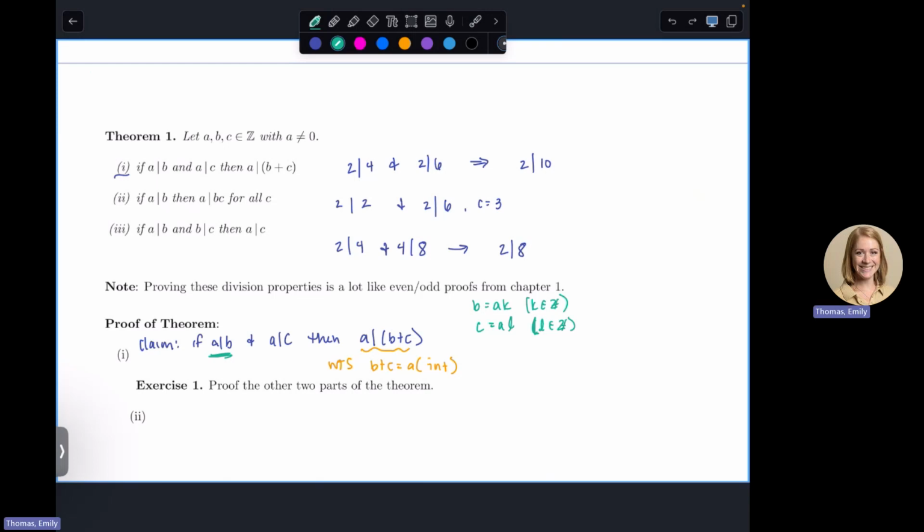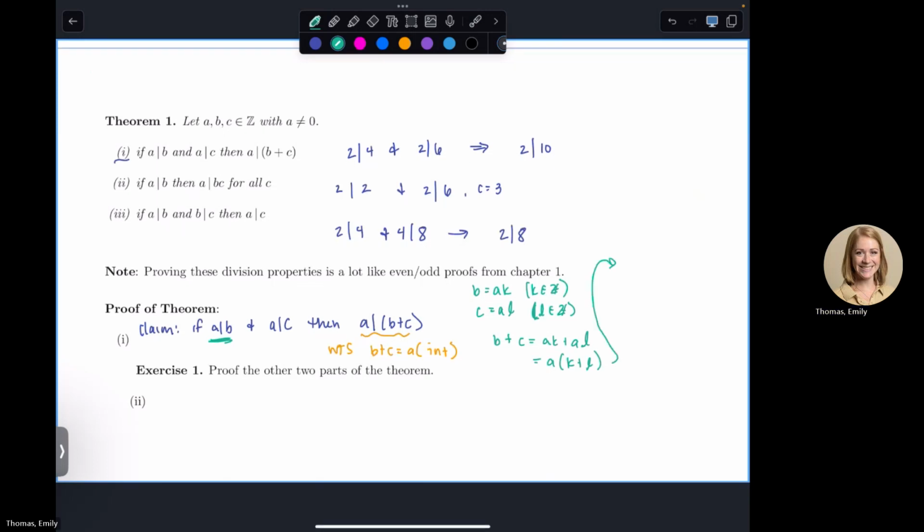If it's B plus C, then we could do A times K plus A times L. And since K plus L is an integer, we're done.